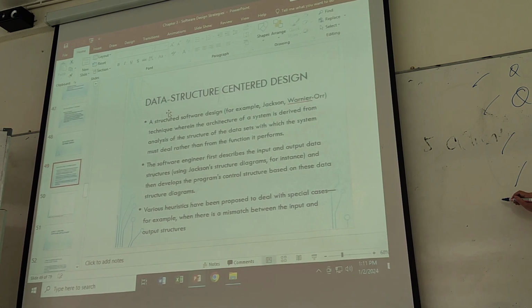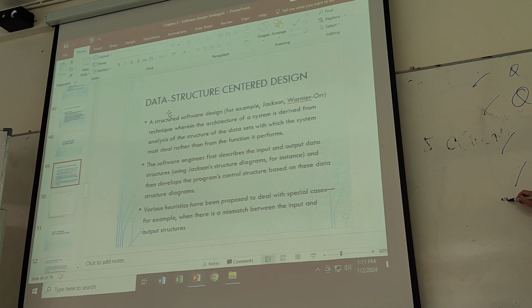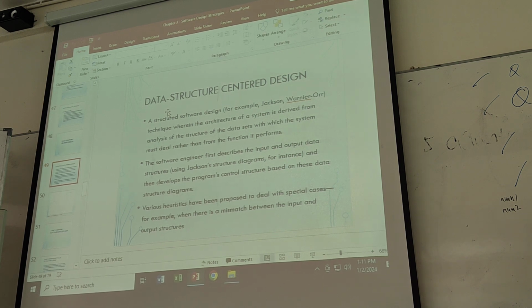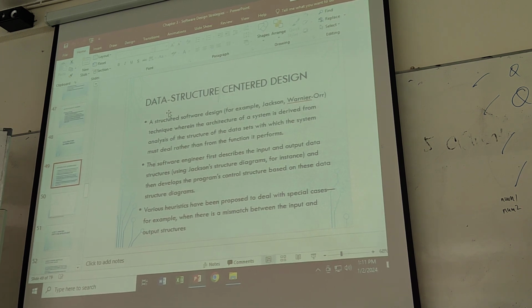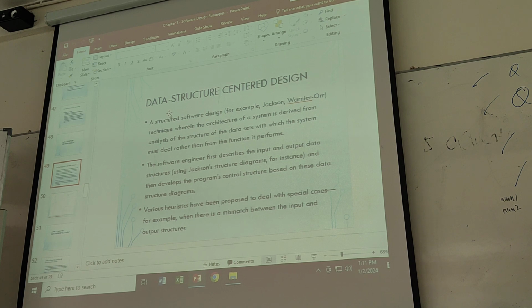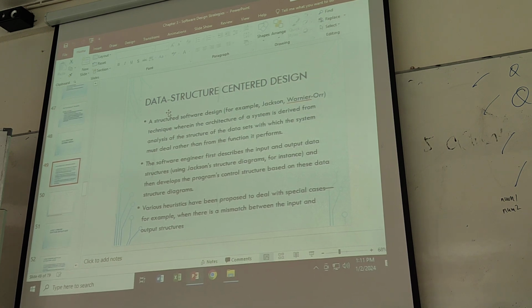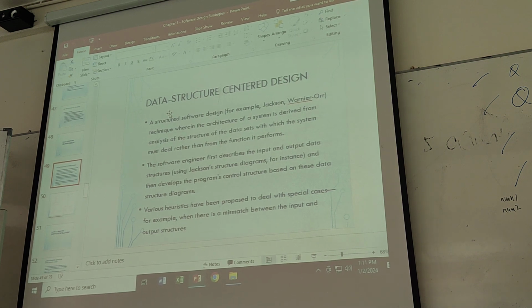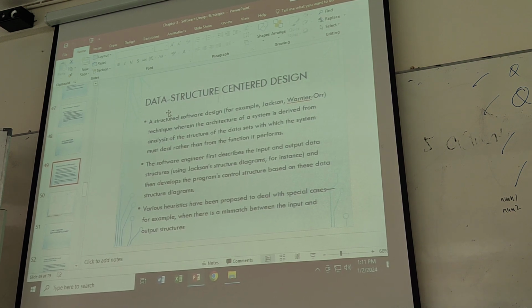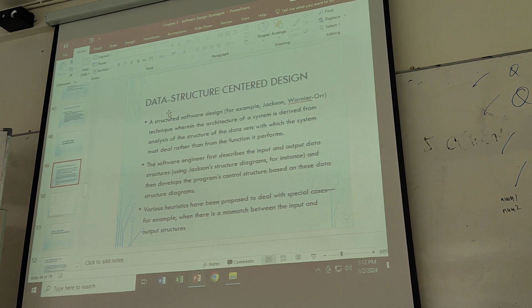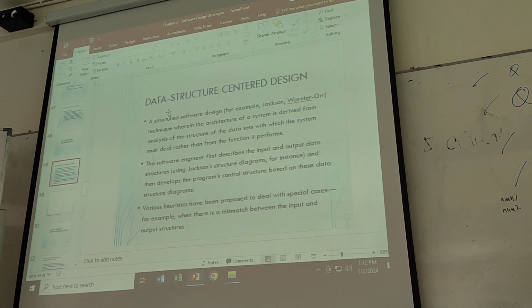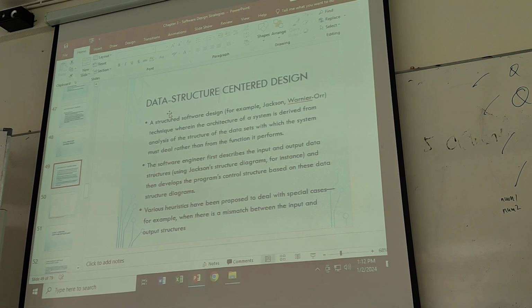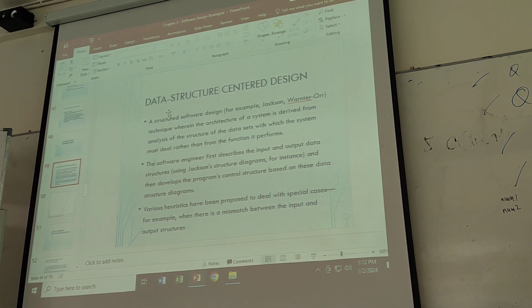Maybe I need two numbers, num1 and num2, and then I draw first what I need, which is an input. Then what is the process? I figure out the process is 1 plus 2, and then this is the output.